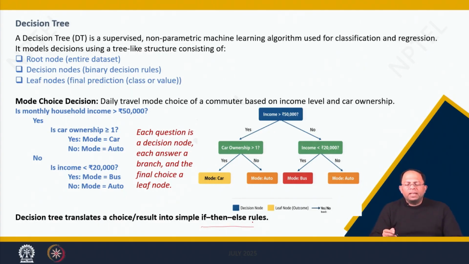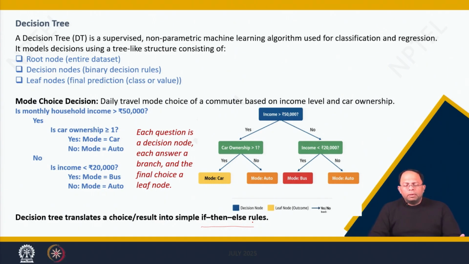That means, suppose I want to look into the decision of modal choice, that is what most people use to undertake some trips. Based on a particular person's income and what kind of vehicles he owns, he actually decides which kind of vehicle he will use.